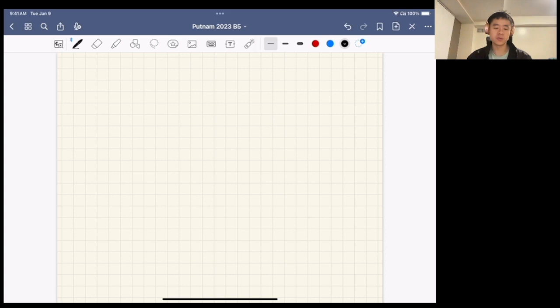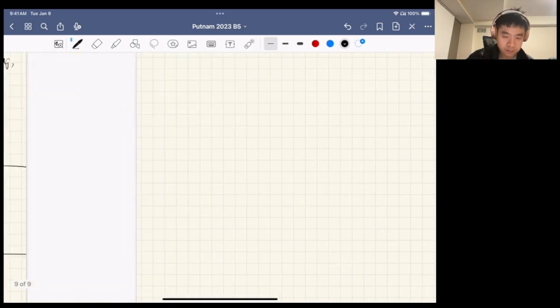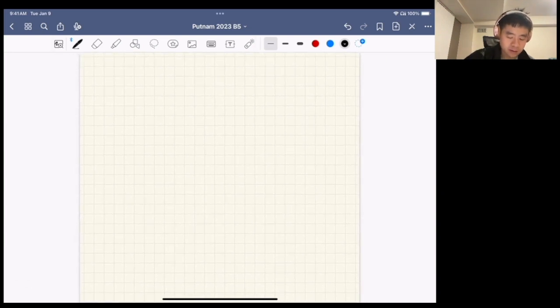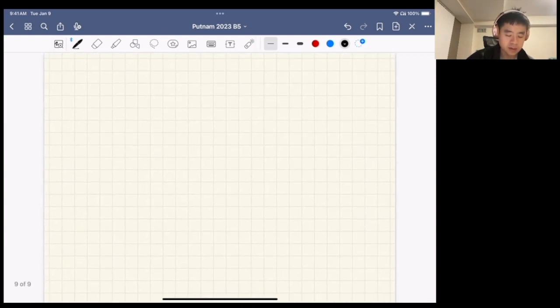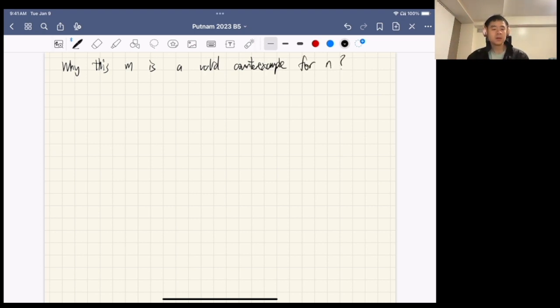So what do I mean by that? Now the focus is why this m is a valid counterexample for n. What happens to m?